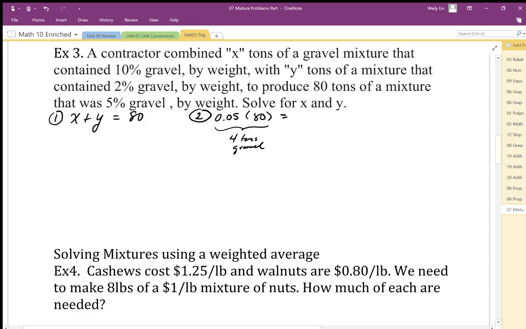So what's that going to equal? Well, we need to figure out the amount of gravel that we got from the 10%. So that's going to be 0.10 times the amount from the 10%, plus 0.02 times the amount that we had at 2%. So this is going to be the tons at 10%, and this is the tons from 2%.